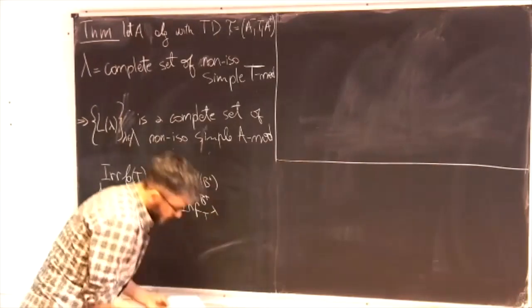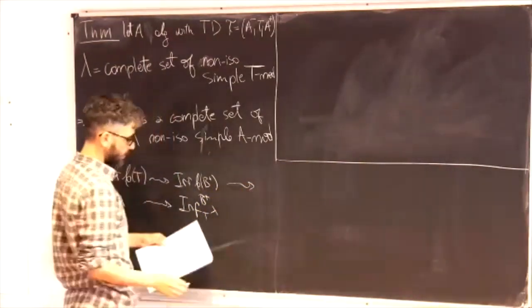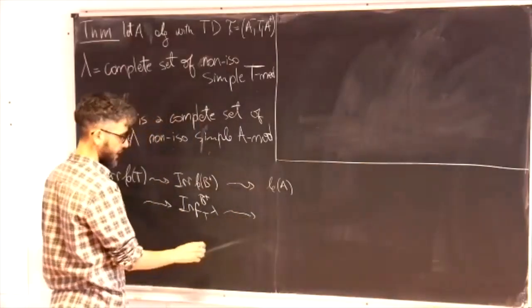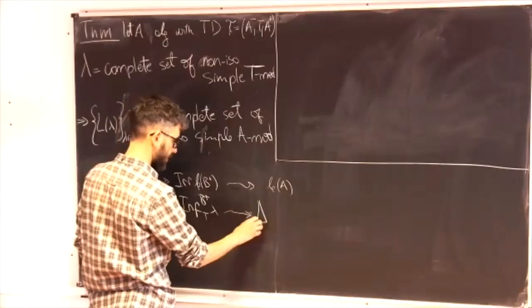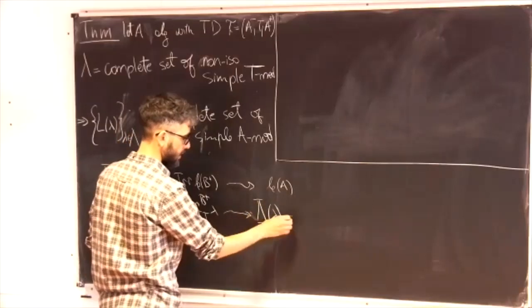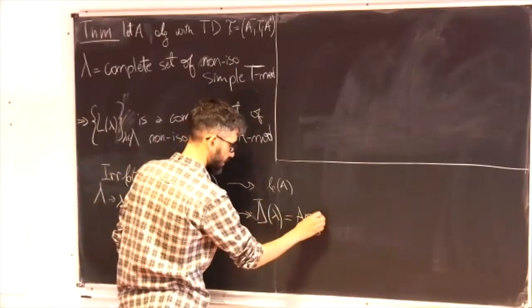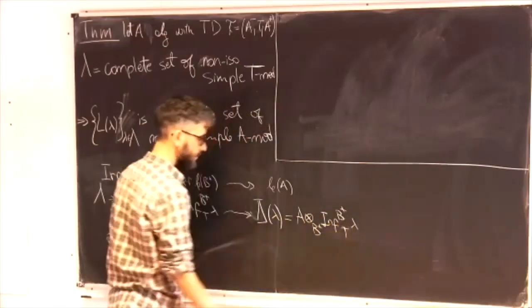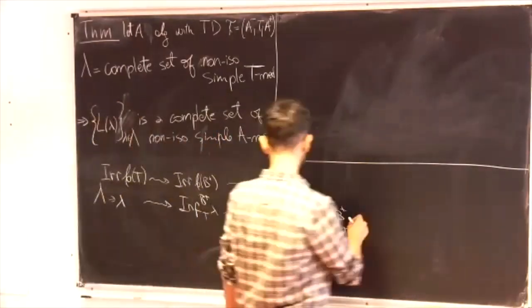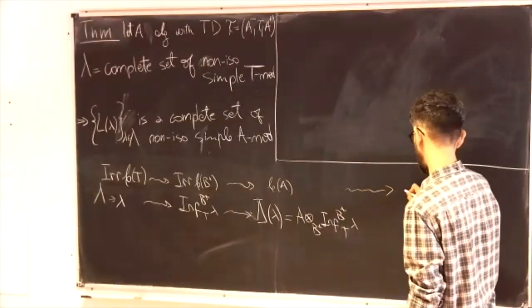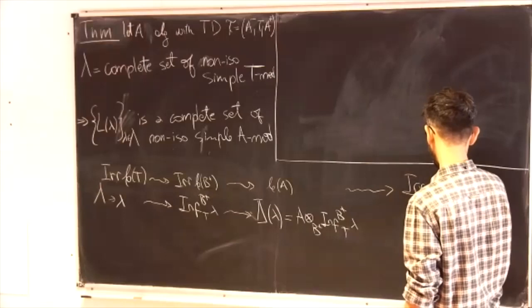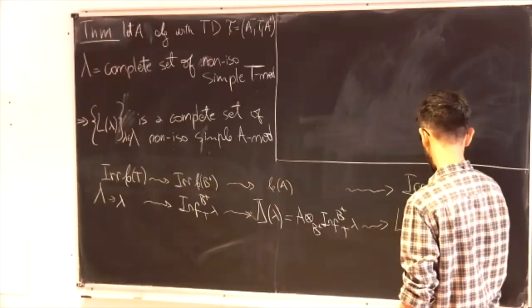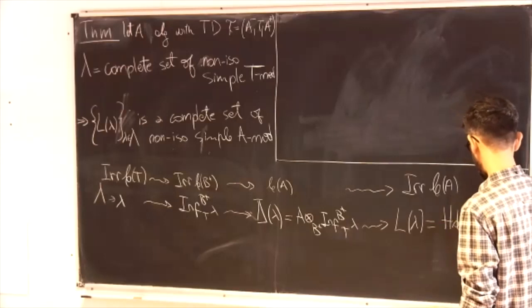And then we went to the category of modules over A using the induction functor. We take the proper standard module as the induction from B plus of the inflation. And then what we proved is that the head of this proper standard module gives us a simple module. Take L lambda equal to the head of the proper standard module.